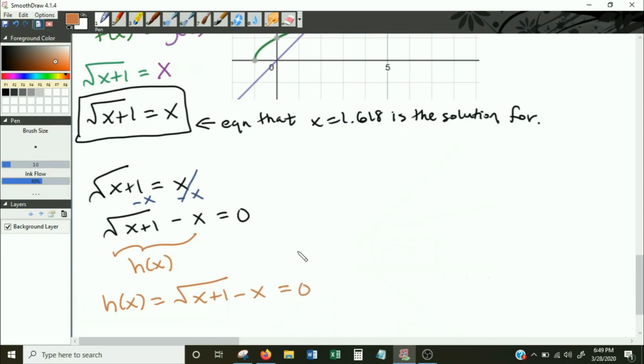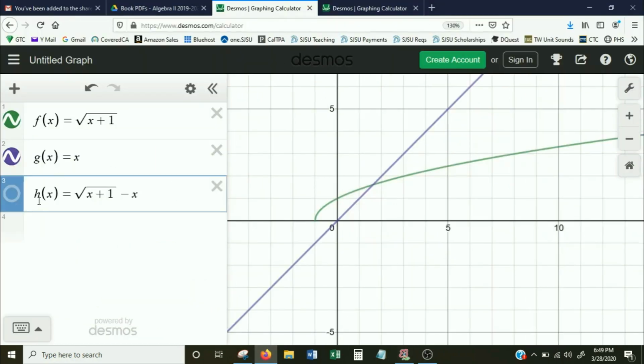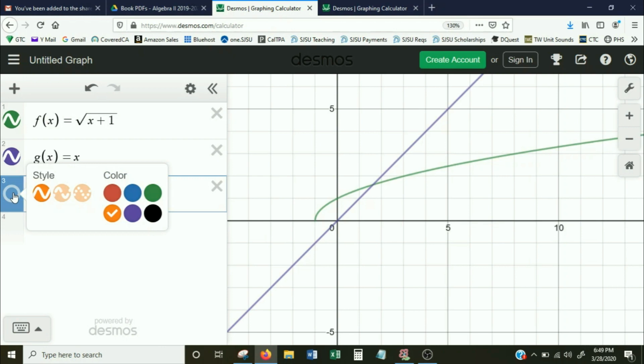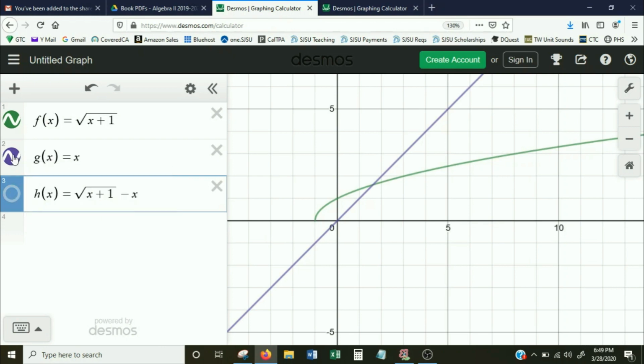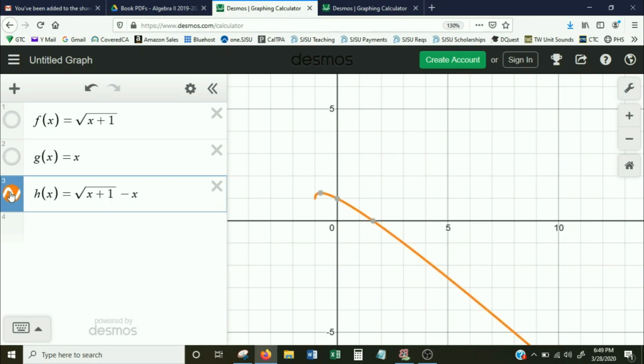Now, if I want to find out what value of x makes this equal to 0, I'm going to go to this right here, and I have already graphed it. So let's get rid of these because we don't need them anymore. And this is the graph of h of x, of this gnarly looking root of x plus 1 minus x. As you can see, it passes through the x-axis at 1.618, 0.